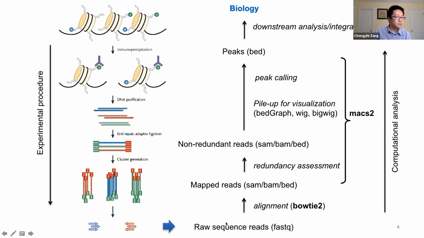We start from the raw sequence reads data that directly come out of the sequencing machine, and the entire computational analysis of ChIP-seq data starts from assessing the sequence read quality, aligning the sequence reads to the reference genome to get the aligned reads, and all the way including several quality control measurements, to get the informative mapped reads.